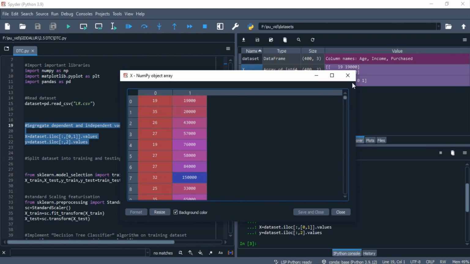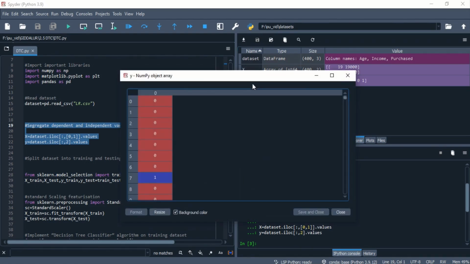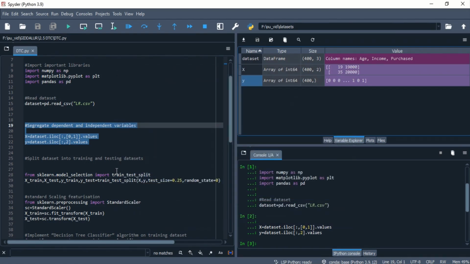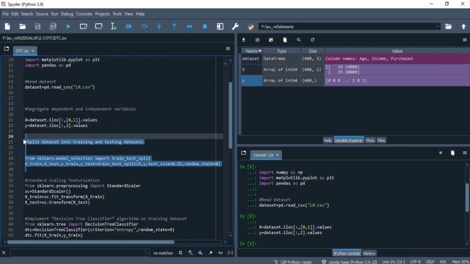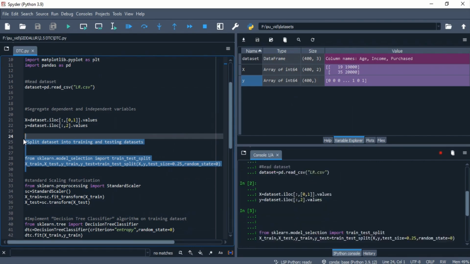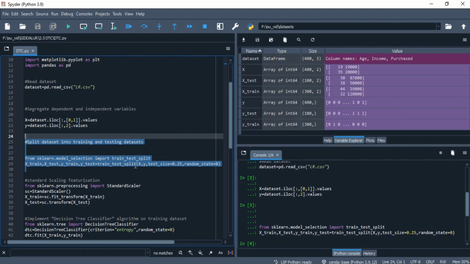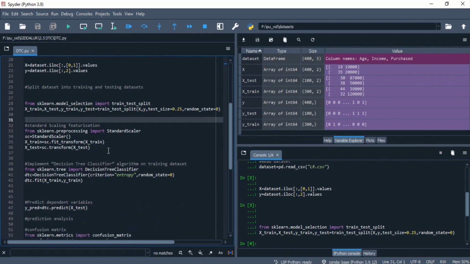X represents the independent variables and Y represents the dependent variable. It has been successfully executed. Now I am splitting my dataset into training and testing sets using the train_test_split class, and it has been successfully executed. X_train, X_test, Y_train and Y_test, we have got the values.